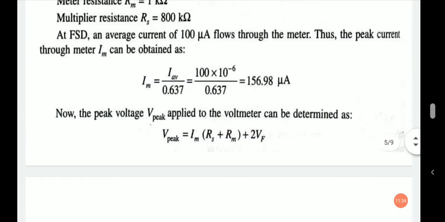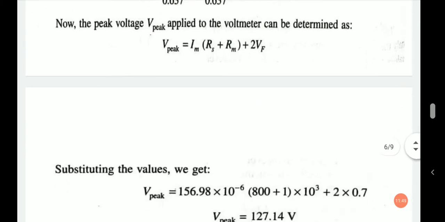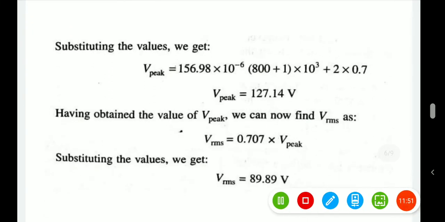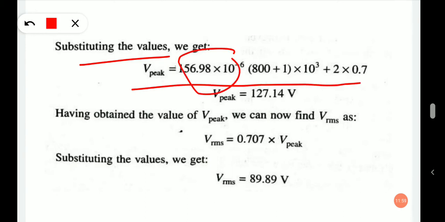Here we have seen V peak is given as Im in bracket Rs plus Rm plus 2Vf. If we substitute the values, we will get V peak equals 156.98 microampere, so that's why into 10 raised to minus 6, in bracket 800 plus 1, that is Rs plus Rm.